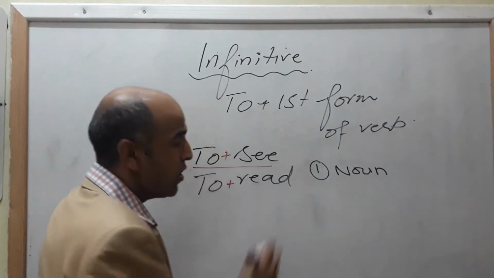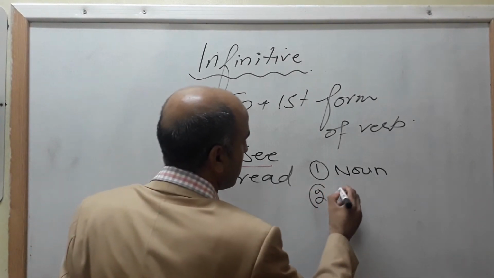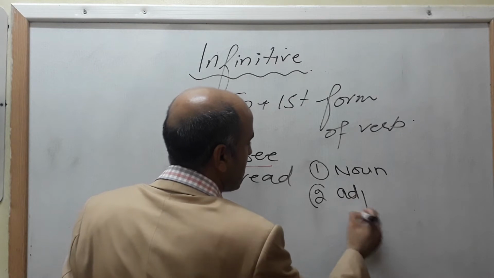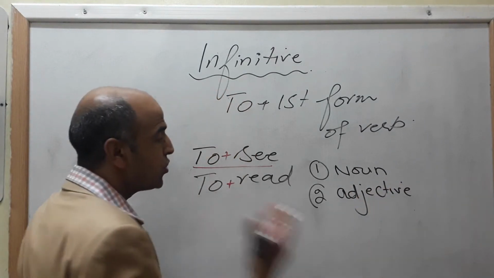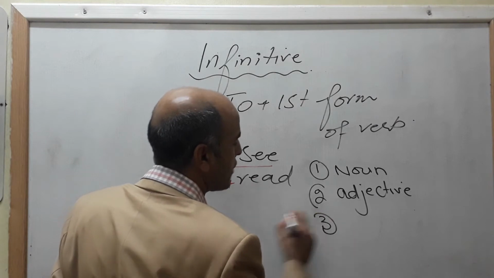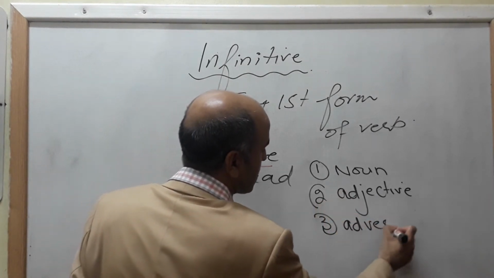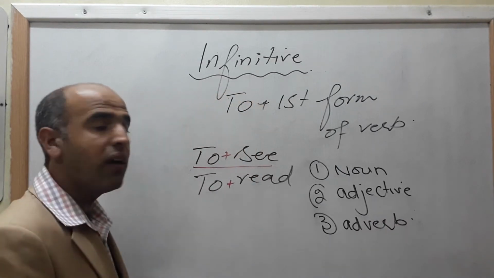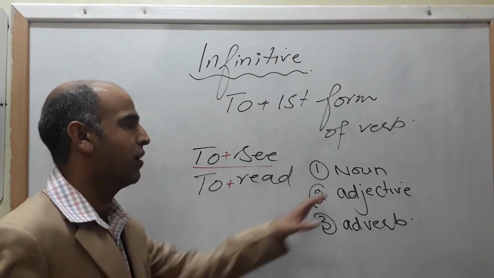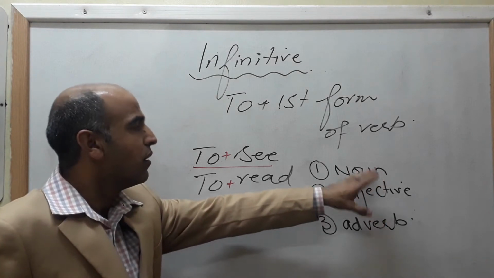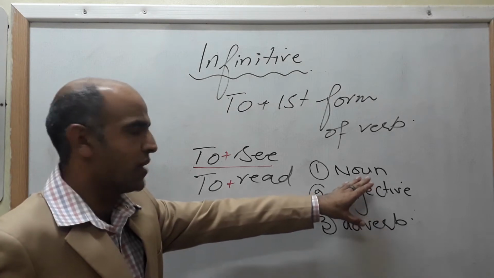Your infinitives are also used as an adjective in a sentence. And your infinitives are used as an adverb in a sentence. Now I shall try my level best to explain in much detail how an infinitive does the function of a noun in a sentence.